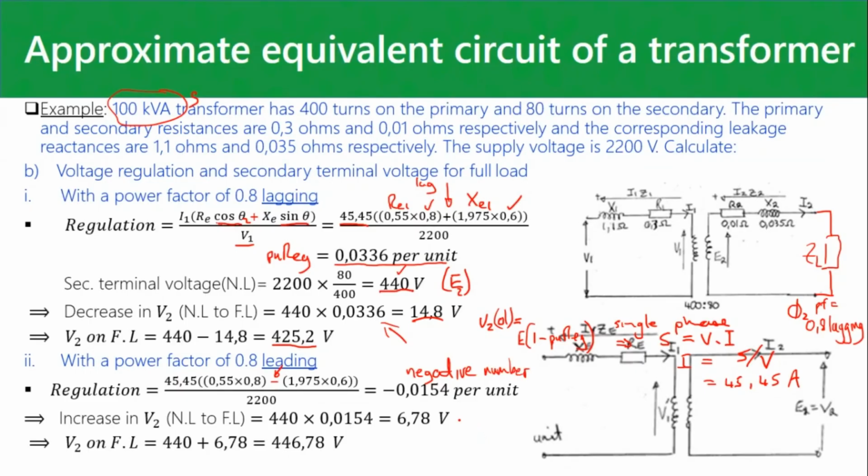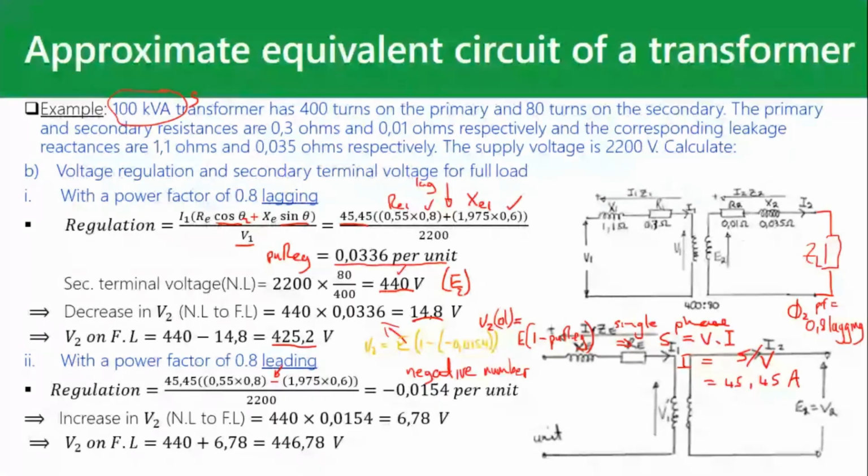Because if you go to that calculation, V2 equals E times 1 minus, and then I put a minus 0.0154. You see what I mean? 1 minus a minus, so that's 1 point a little bit.